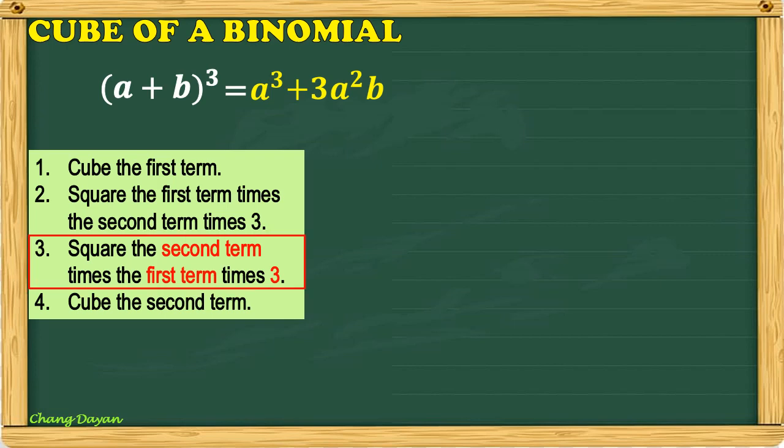Next, square the second term times the first term times 3. So b squared times a times 3. That is positive 3ab squared. And the last one, cube the second term. So b cubed.